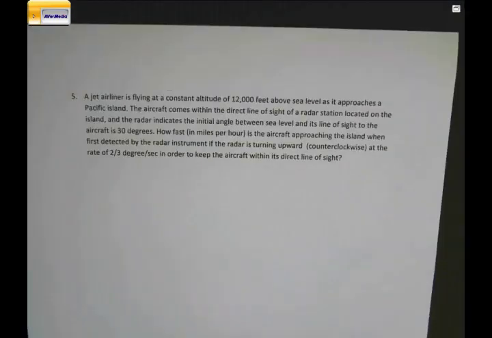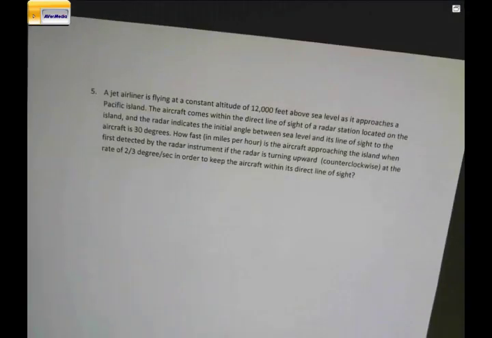Okay. Number 5. A jet airliner is flying at a constant altitude of 12,000 feet above sea level as it approaches a Pacific island. The aircraft comes within the direct line of sight of a radar station located on the island, and the radar indicates the initial angle between sea level and its line of sight to the aircraft, like that other little device that was on the ground by the hot air balloon, okay?